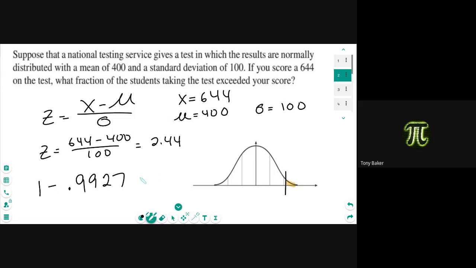So the answer that we want is 0.0073. That's 1 minus 0.9927. We wanted the complement of it. Okay. Good.